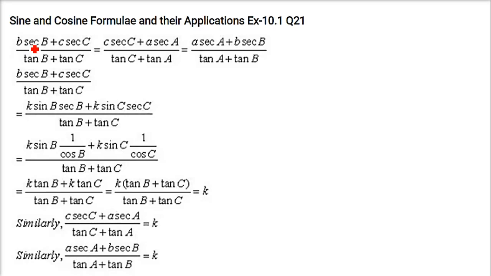First take b sec b plus c sec c by tan b plus tan c. Now here this b can be written as k sin b, we know by the sine formula. c can be written as k sin c. Now take this sec b, I am writing it as 1 by cos b.